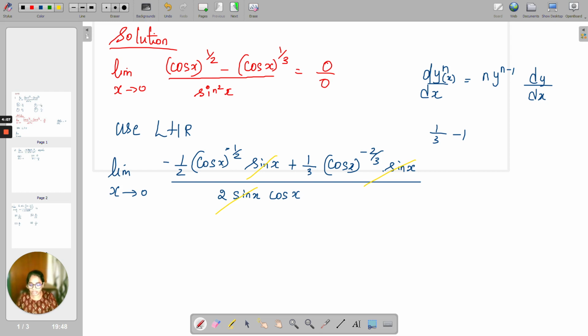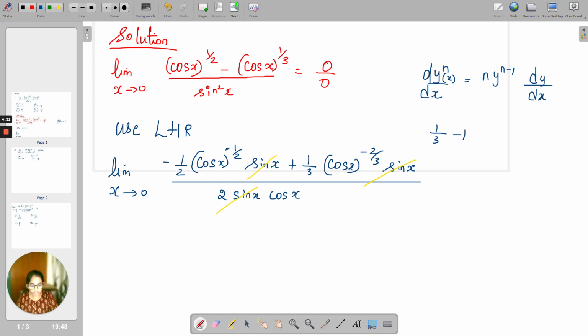So the limit is x tending to 0. If you have sin x, only at that point you would get zeros, because sin 0 is 0. But cos 0 is 1. So we have cos 0 and cos 0, so there is no point of getting indeterminate forms, right? So that is why I cancel the sin x.